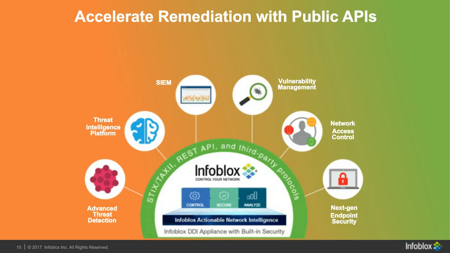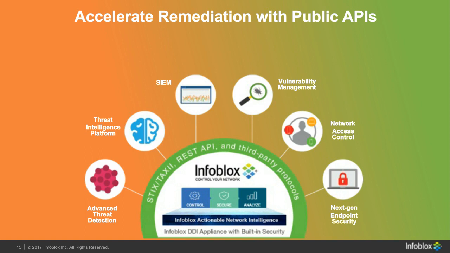So I talked about public APIs. The public APIs enable you to pull information from the ActiveTrust Cloud around the DNS indicators of compromise and the events that have been detected, and you can put that information into a SIEM or vulnerability scanner or NAC solutions to take further action, right? As we're building out the roadmap, we're doing a lot more in terms of ecosystem integrations with ActiveTrust Cloud.